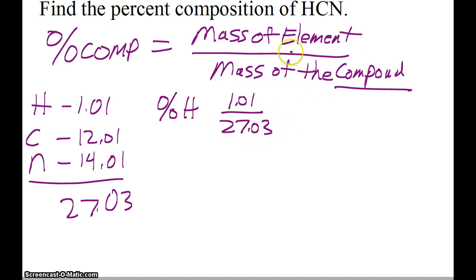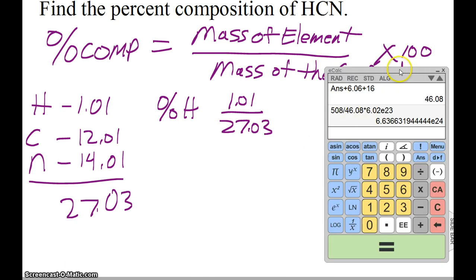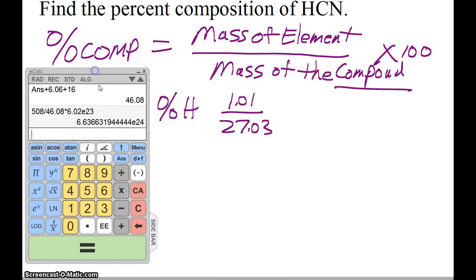Now remember, this is percent, so we're going to have to take all these times 100 afterwards. So bringing our calculator up now, we have 1.01 divided by 27.03, and that equals 3.7%.